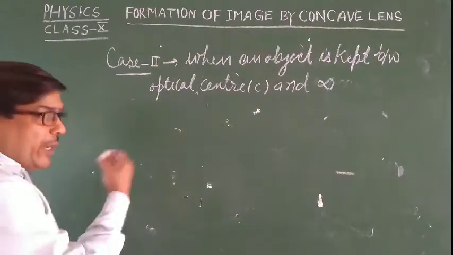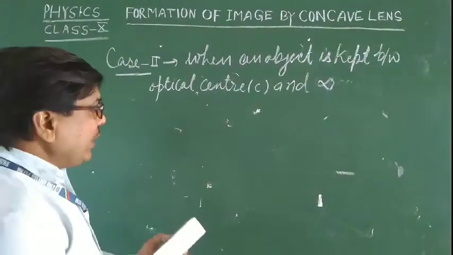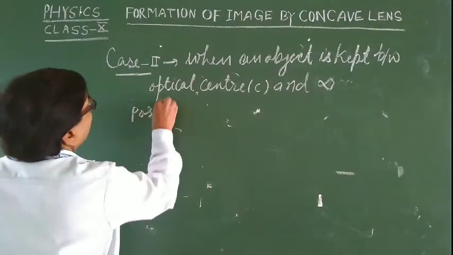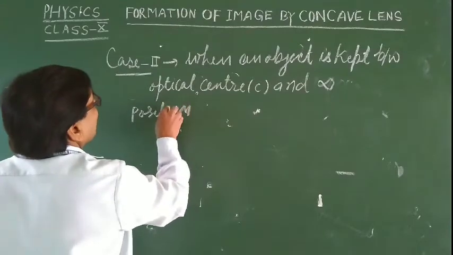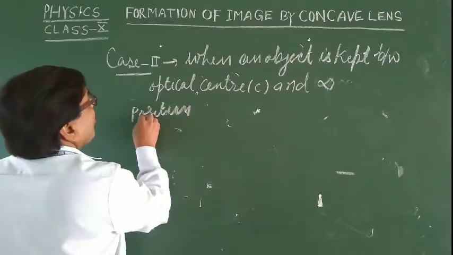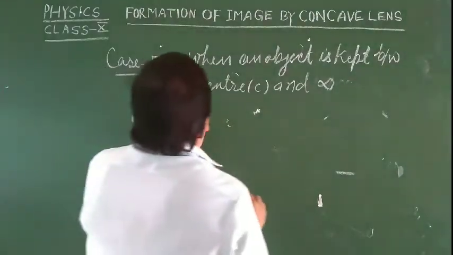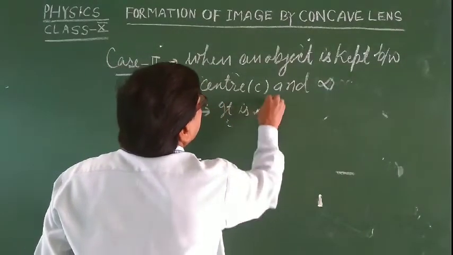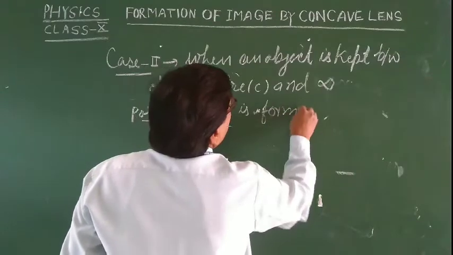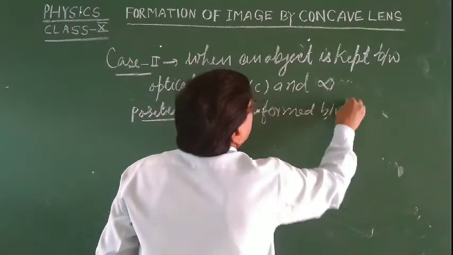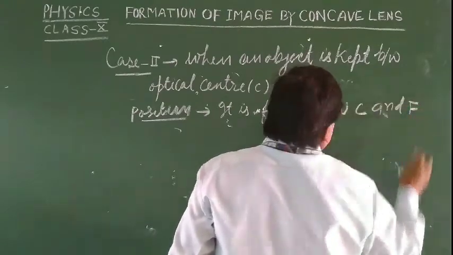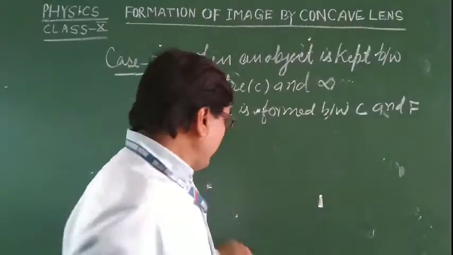The image will be formed between C and F. The position of the image is between C and focus. How?